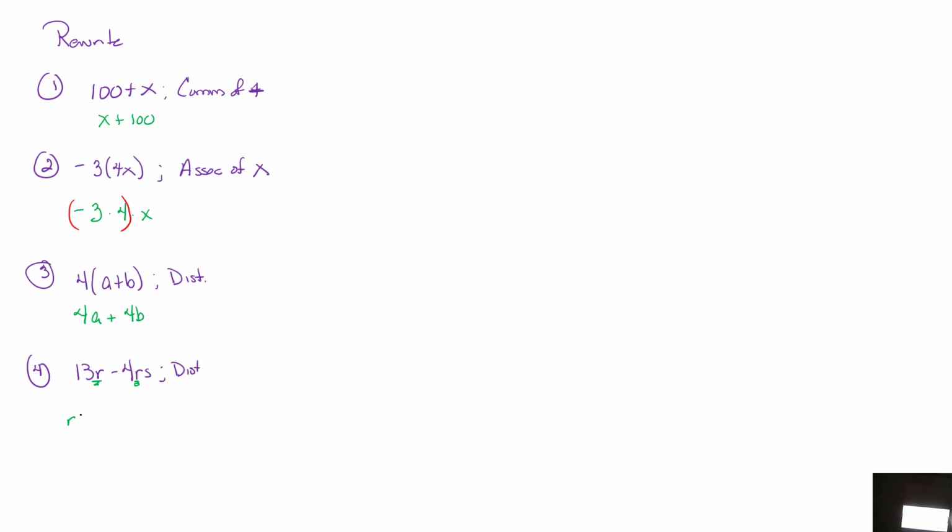I notice that they distributed the R. So I'm going to take out the R, and when I take out the R, what is left is the 13 minus 4s. So the original distributive problem that it came from was this one right here. Does that make sense? Cool.